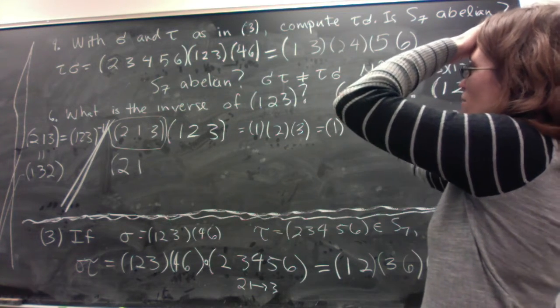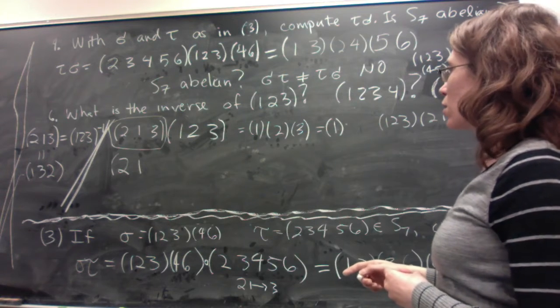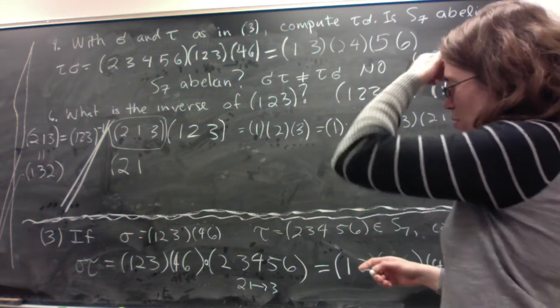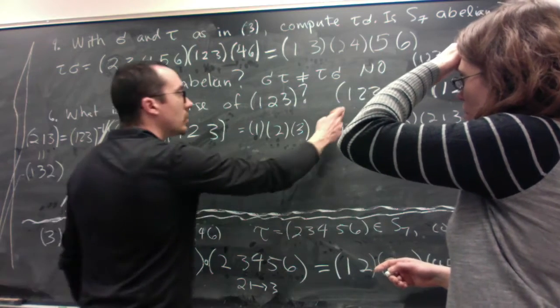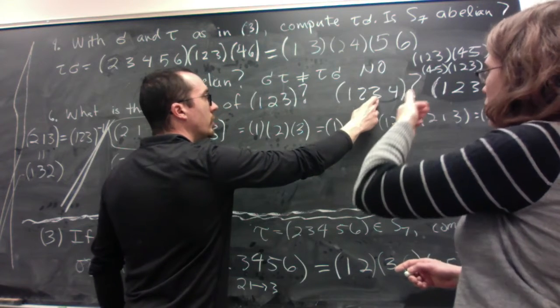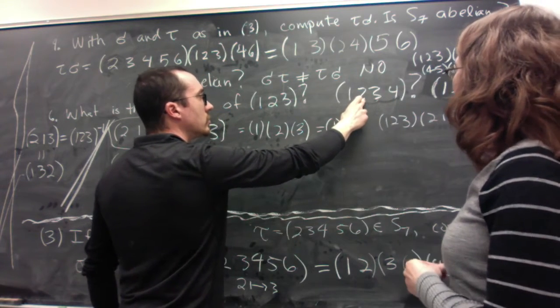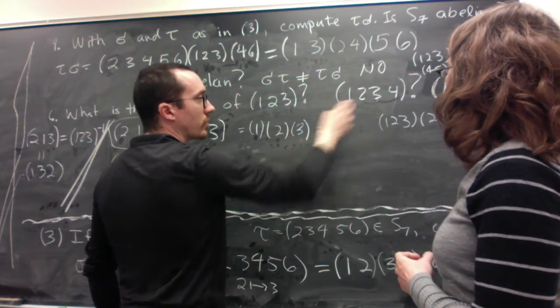Okay, so now we're trying to find the inverse of (1 2 3 4). Right. So in this case, we want 4 to go to 3, 3 to go to 2, 2 to go to 1, and 1 to go to 4.